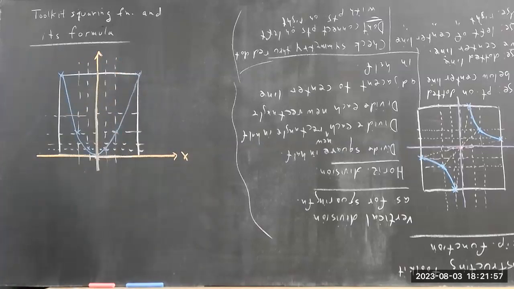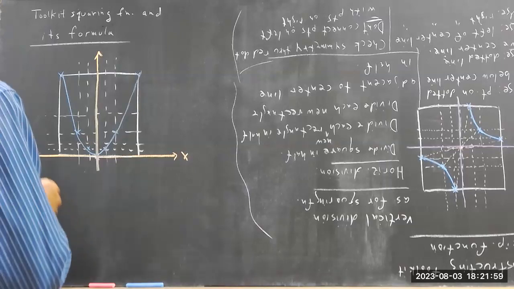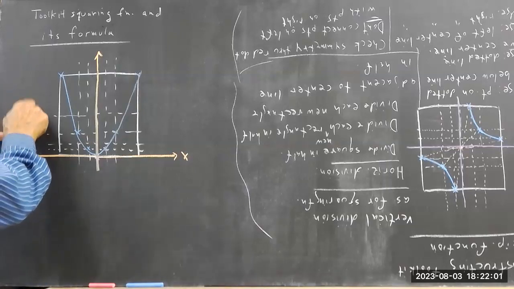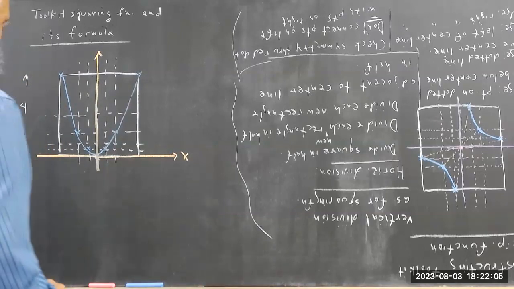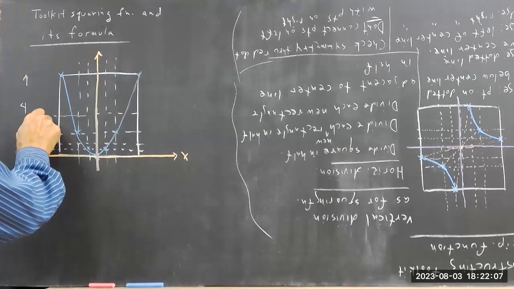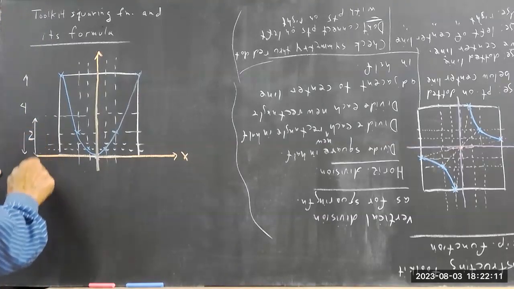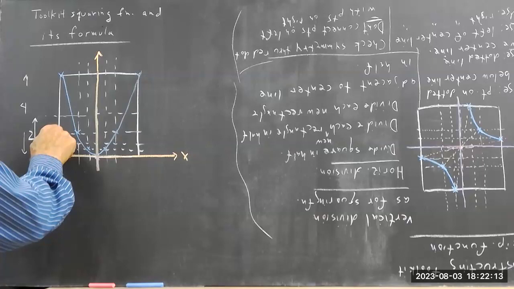For example, if this is 4 units here, then this is 2 units, and this is 1 unit.